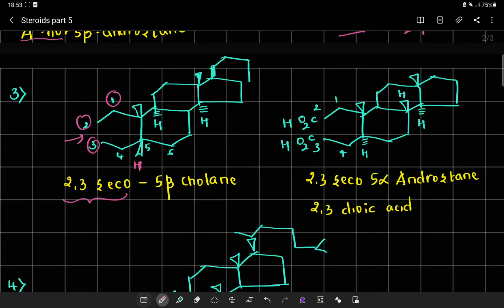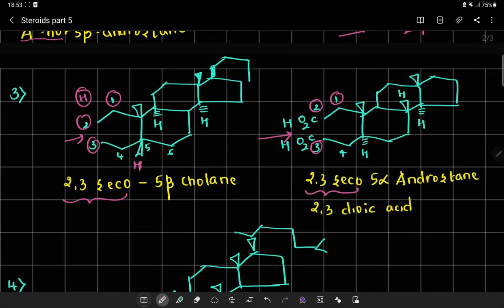Now with the help of an example, I can observe here 1, 2, 3. Between 2 and 3 there is a presence of a carboxylic group. Now how this happens is either protons are added or functional groups get added at the cleavage point, and hence we have to give the cleavage point as 2,3.